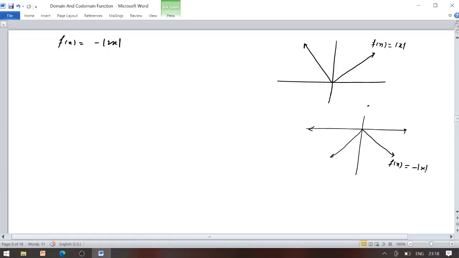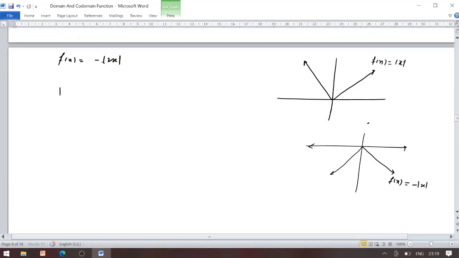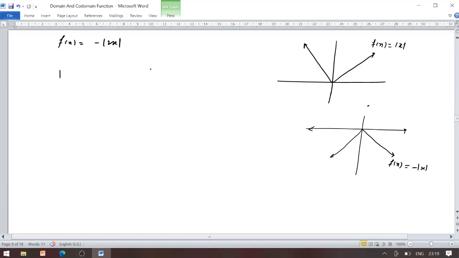So now for the modulus function, we know f of x equals the mod of x. Whenever the value is minus of x, we have x strictly less than 0. Whenever x is the positive x, we have x greater than or equal to 0.